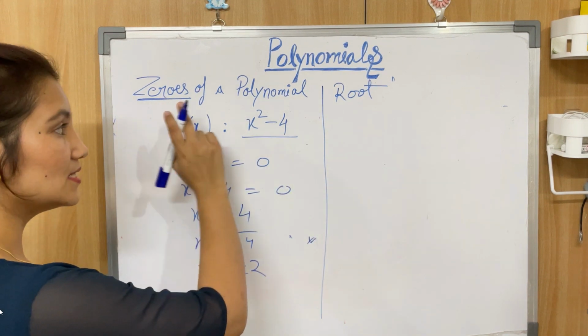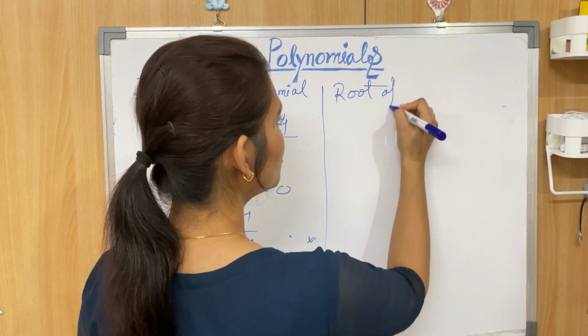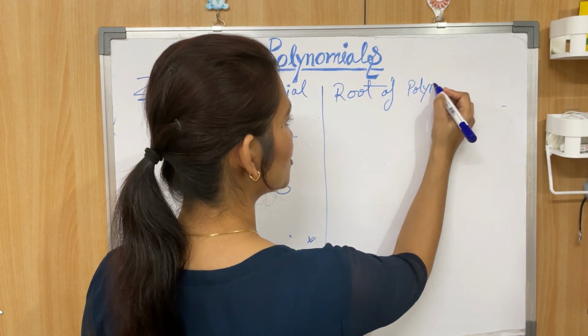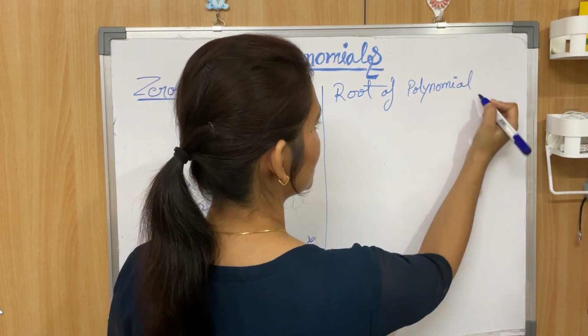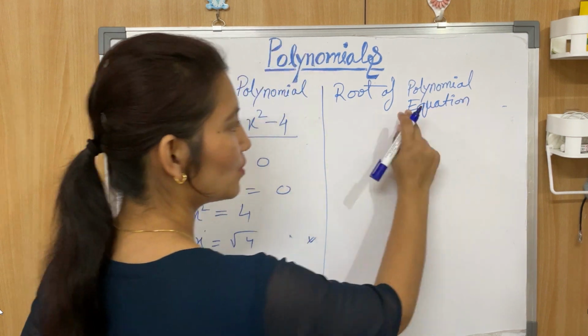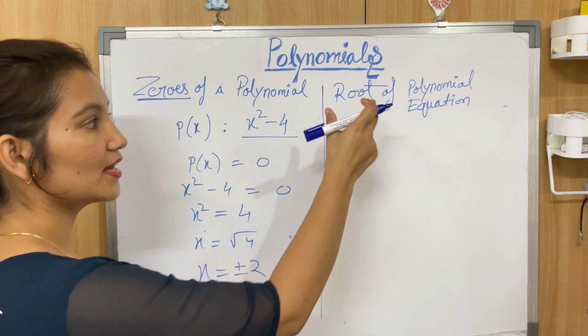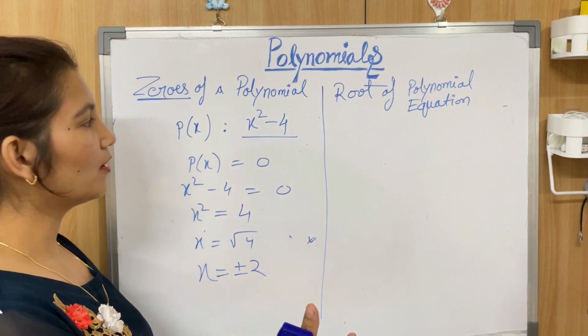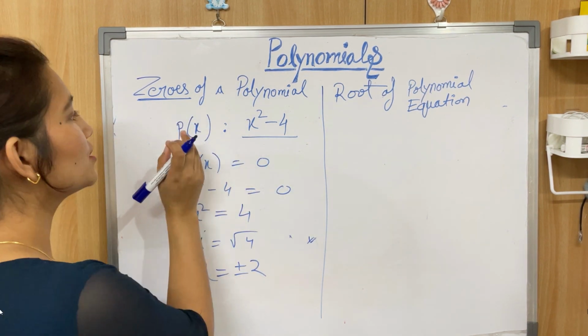So let's see: zeros of a polynomial and root of a polynomial equation. That is the difference. When we say equation, we have to say root. If we are just saying polynomial, it means we are talking about zeros.